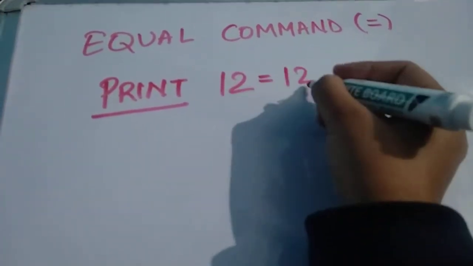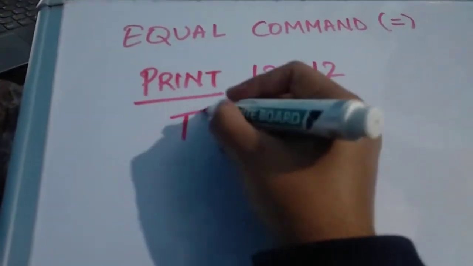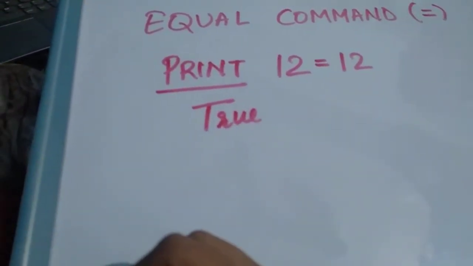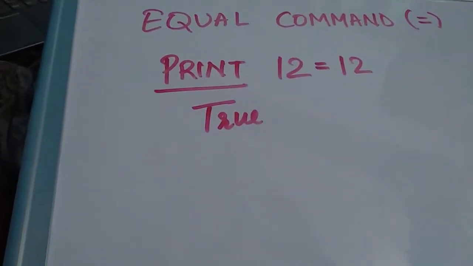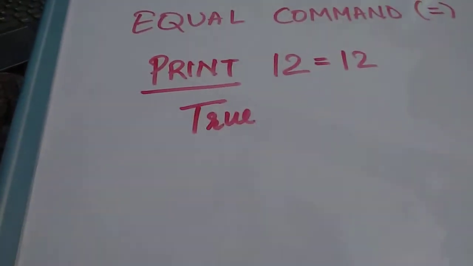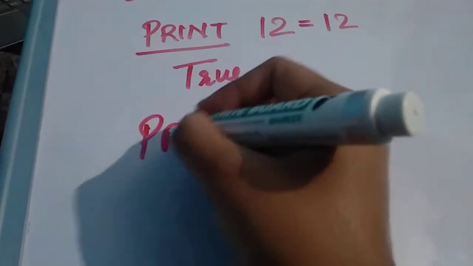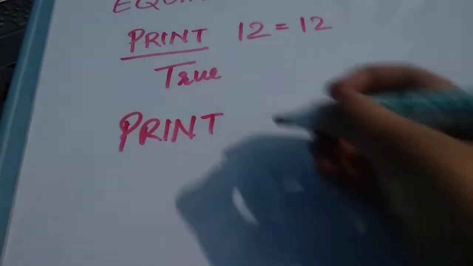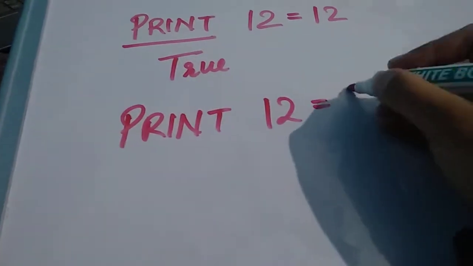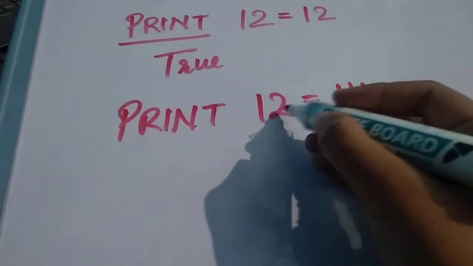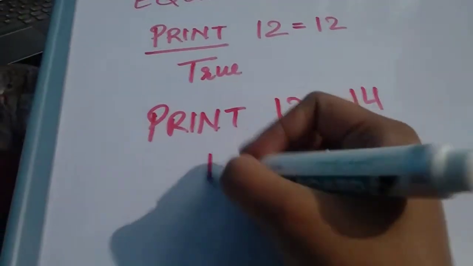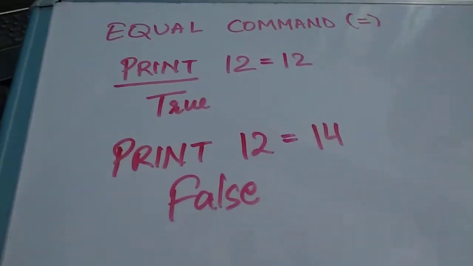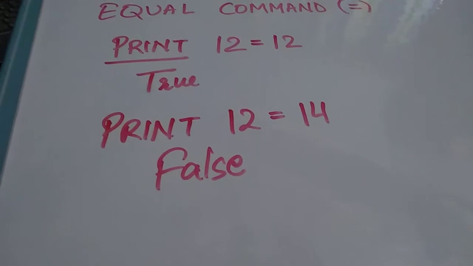Okay, so both the numbers are equal, so it will give the result as true. Okay, similarly, if you give another number which are not equal, so these two numbers are not equal, so it will give you the answer as false. Okay, so this was the equal.